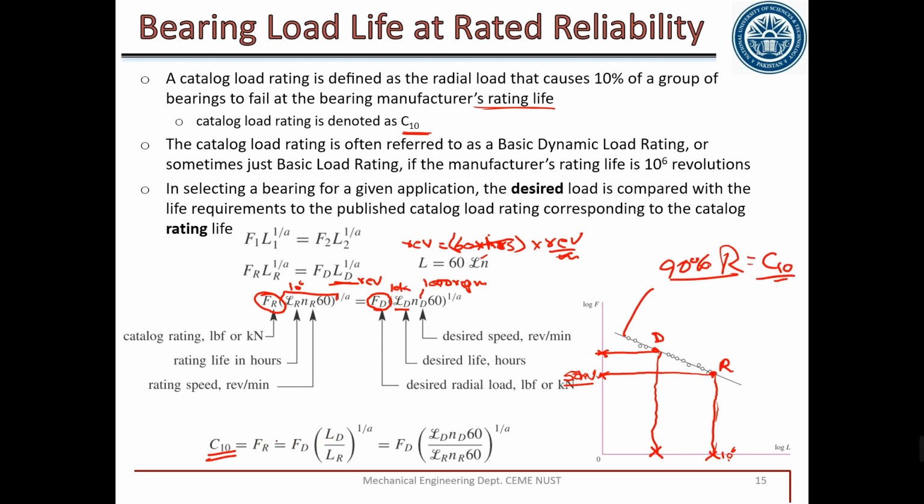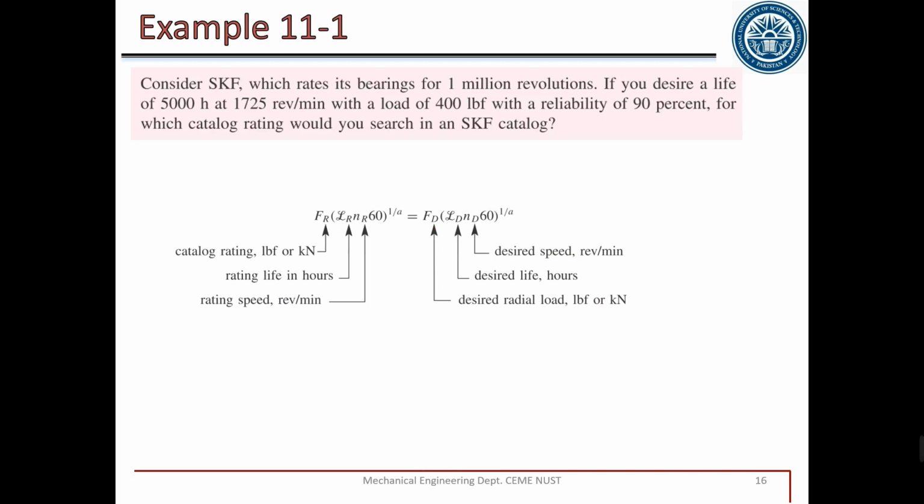For this curve, we have this relationship, and we know that this is our desired load, which we need to apply for this many hours at this RPM, and this is the life for which the company has designed their bearing, let's say 10 power 6 revolutions. So substituting all these values in the equation, we will get the value of C10, and that C10 we can check from the table. Let's explain this with a simpler example.